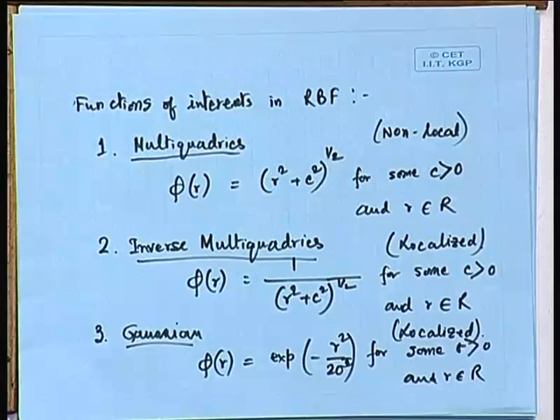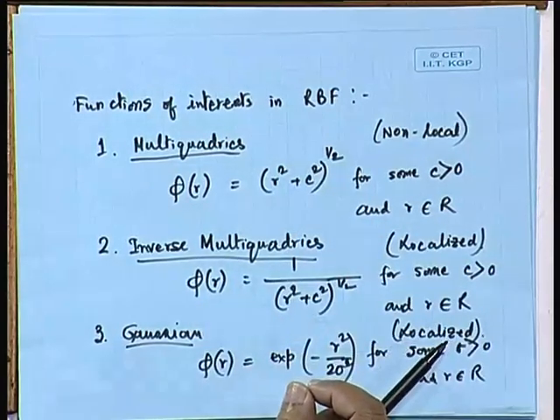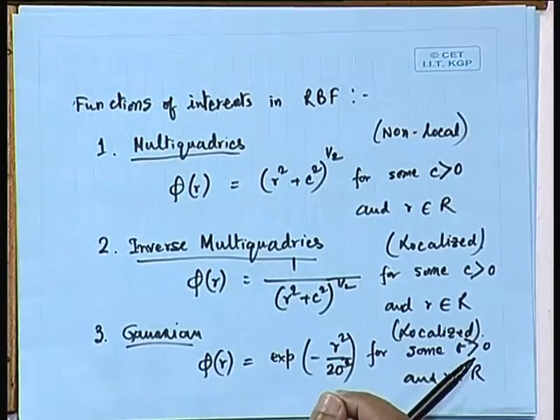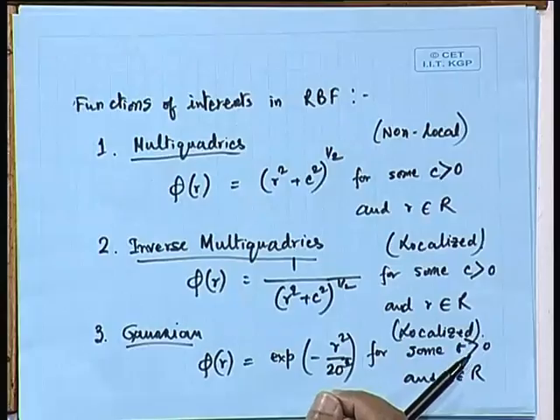Now, the multi-quadric is not positive definite, because as r tends to infinity, the function also tends to infinity. But even though it is not positive definite, still the phi inverse exists, and one can use these radial basis functions for the interpolation problem over here.